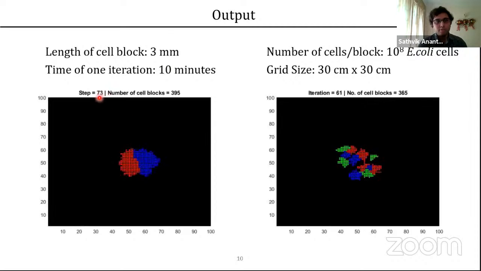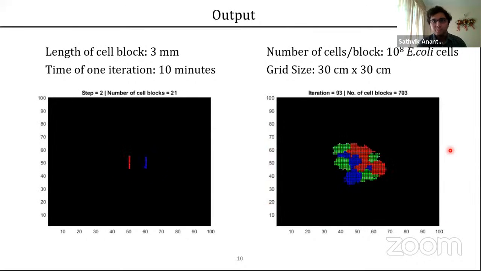Each iteration or each step in the model takes a time of 10 minutes. There are around 10^8 cells within each cell block. And the total grid size that we've used in all our simulations is 30 by 30 centimeters, but that can, of course, be modified as you wish.